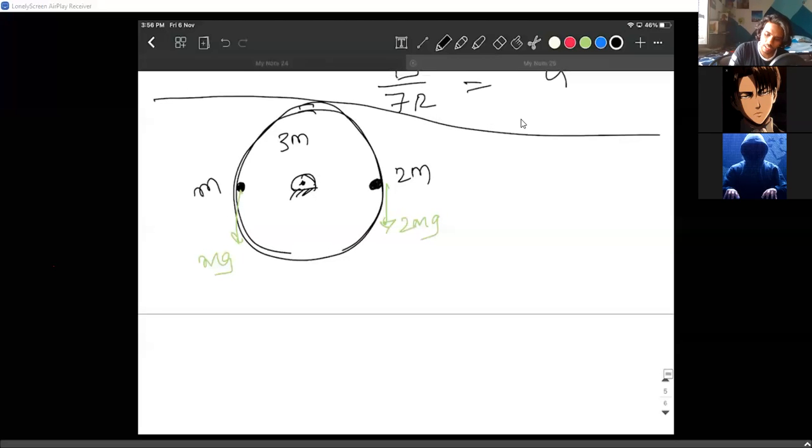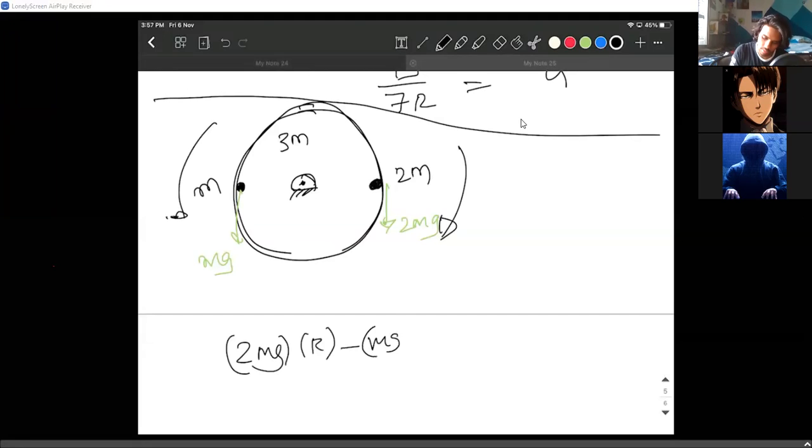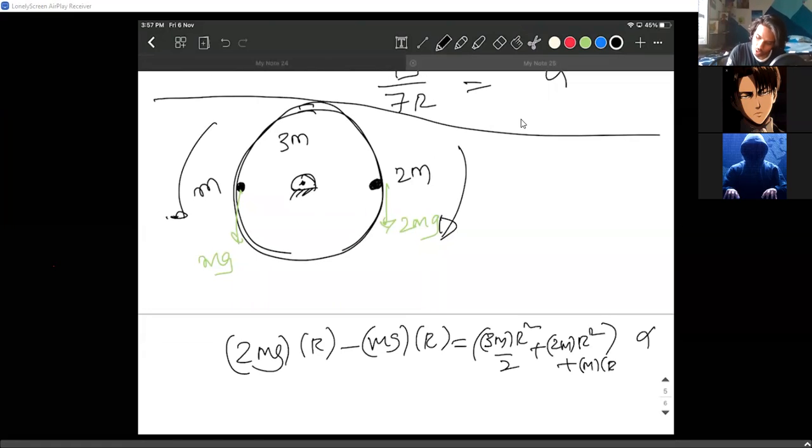So this is rotating in this direction, and this is trying to rotate it in this direction. I mean, the torques are in opposite directions. So I'm going to write 2mgR minus mgR, that is the net torque, equals I into alpha. How much is I? 3m into R square by 2, plus 2m into R square, plus m into R square.